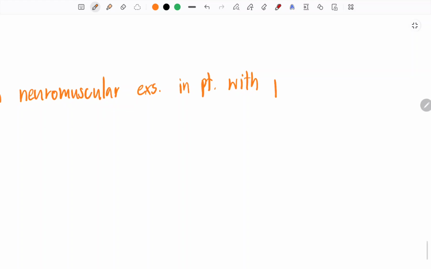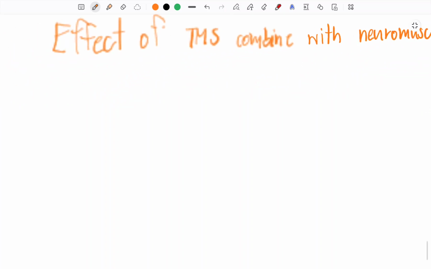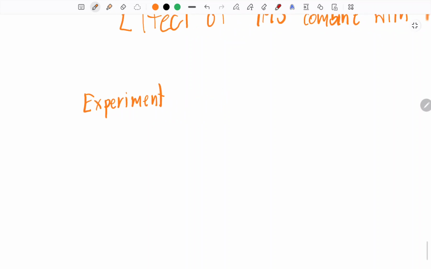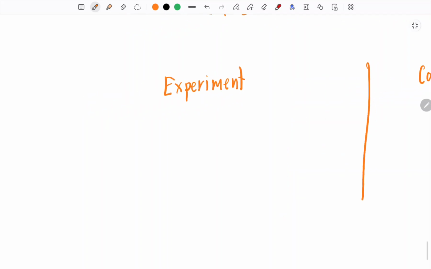The two groups have to exercise with neuromuscular exercise. I divide into two groups, TMS and sham. So both groups have exercise, so the difference is only the TMS effect. That's why your outcome is only effect of TMS.